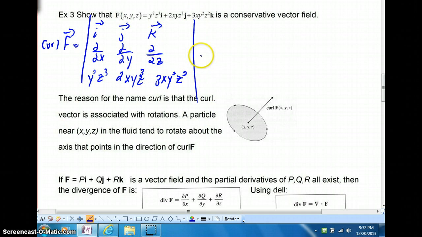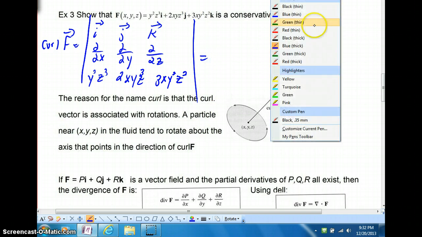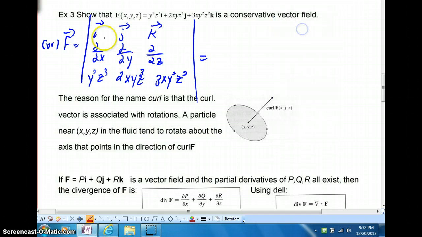And to work this curl out more quickly, I'd like to make mention that you don't always have to write everything out exhaustively. You can do this a lot more quickly in the following way. Cross out your i, j, k row and your column of i.